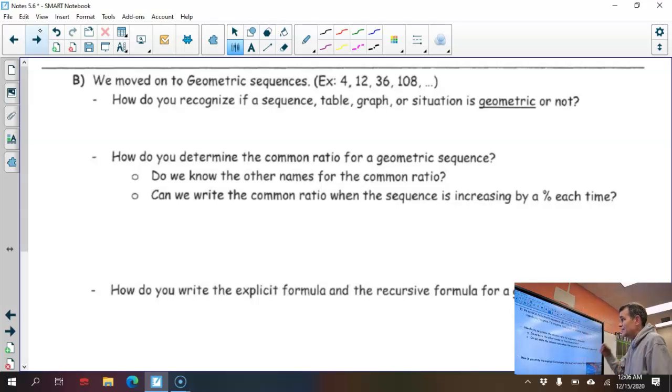Next up, we move on to the geometric sequence. For the geometric sequence, how do you recognize if a sequence, table, graph, or situation is geometric? Here we go.